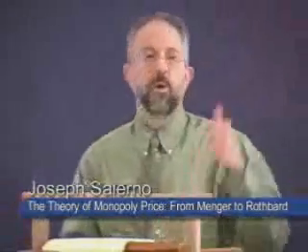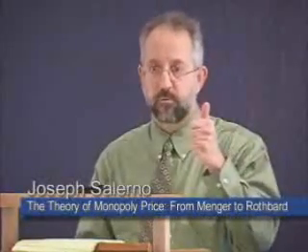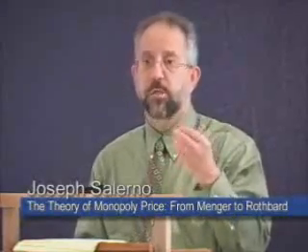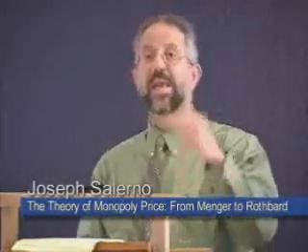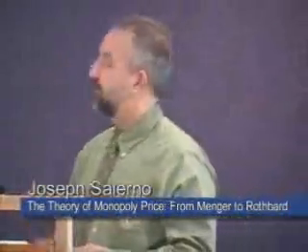Okay, so those are the two conditions. There has to be sole ownership of a specific resource, and that's a very rare, difficult condition to fulfill. And secondly, even if that's the case, you still might not get a monopoly price because of the elasticity of the demand curve. In other words, there could be substitute products, close substitutes that people could turn to. All right.